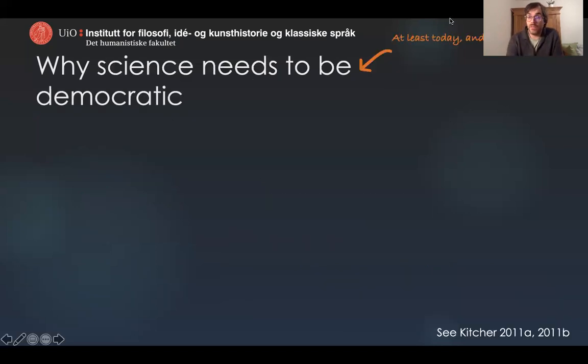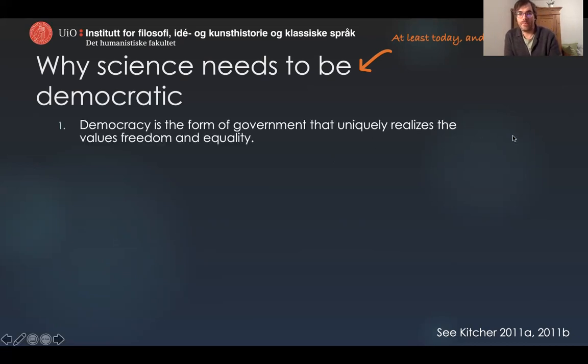So now comes an argument that I would like to present to you and I'd like you to think about. Why science needs to be democratic. At least science as we have it today, and for the most part. Maybe there are some parts of science that need not be democratic. Okay, so here is an argument.